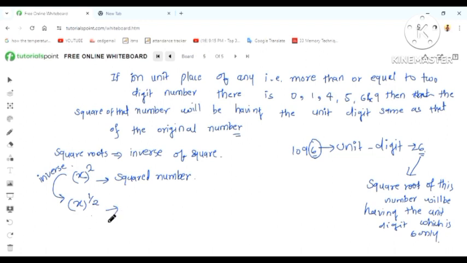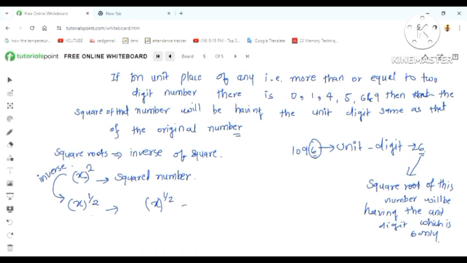Now if you equate, meaning we equalize these two numbers, x raised to 1 by 2 is equal to x square.